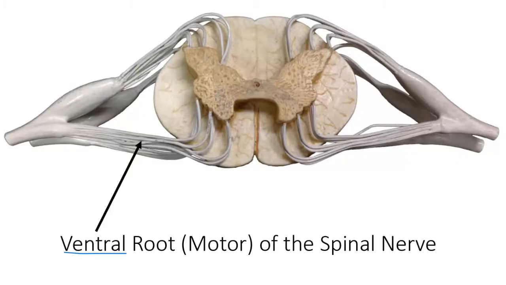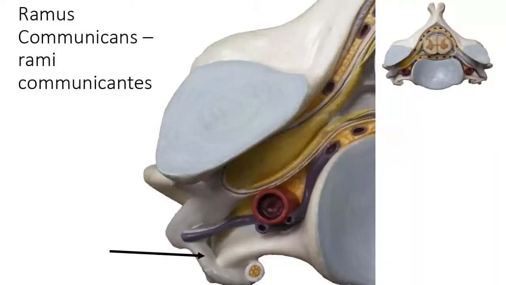After that, you see these two little branches that come off the front, and those are known as either the ramus communicans or rami communicantes. Either is fine. We'll talk more about this when we get into chapter 15, but these little guys carry autonomic nervous system neurons.